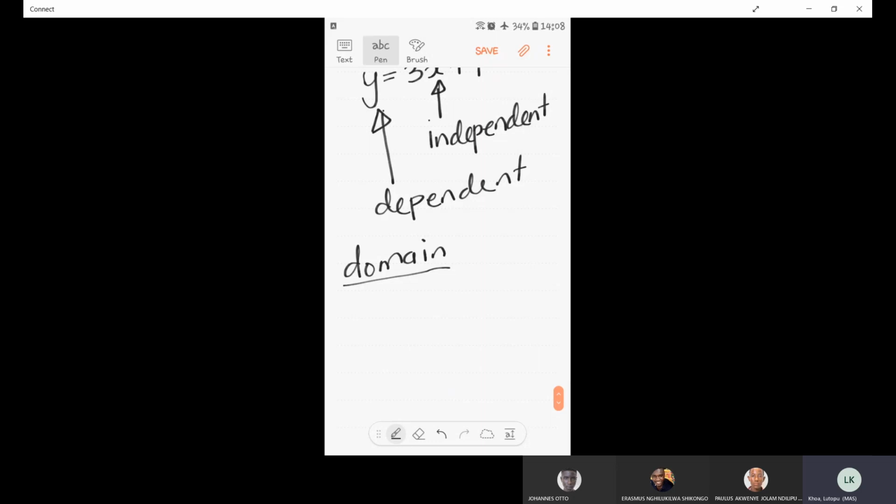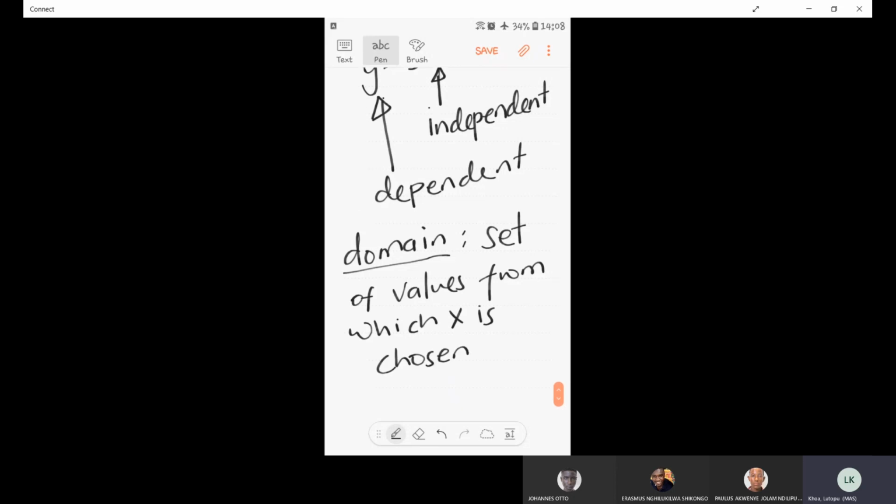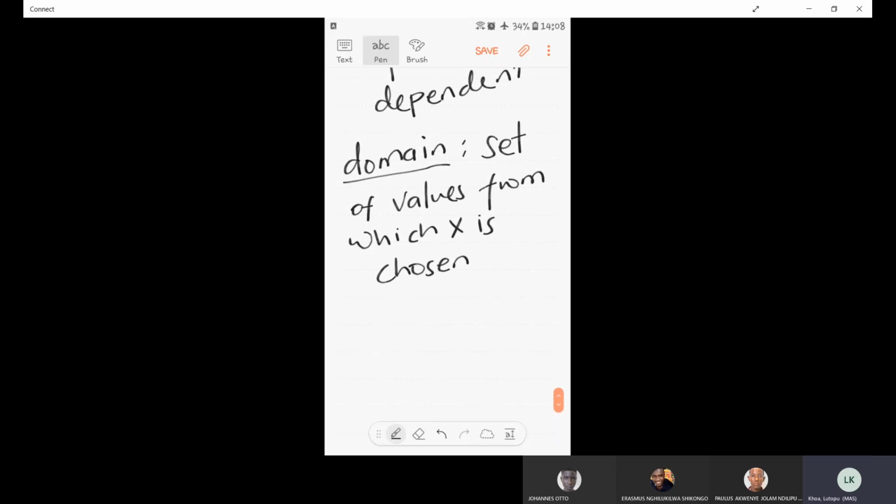Now the domain, these are just the set of values from which x is chosen. Okay, so these are your x values that you are allowed to input into the function.